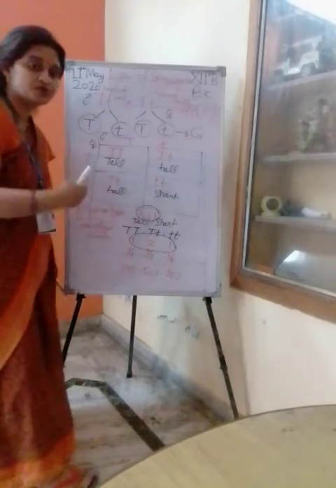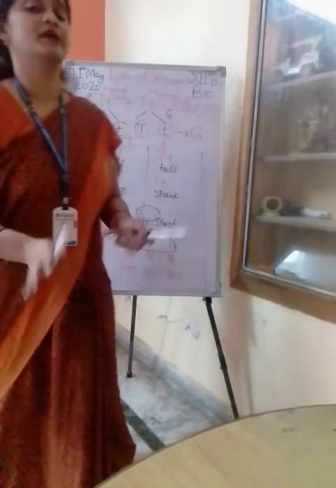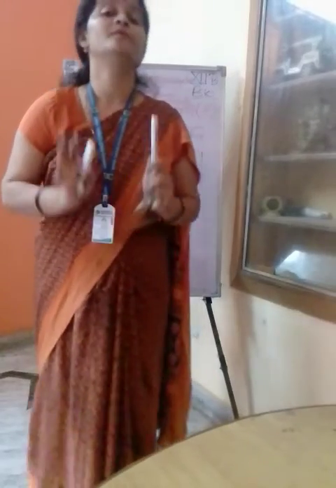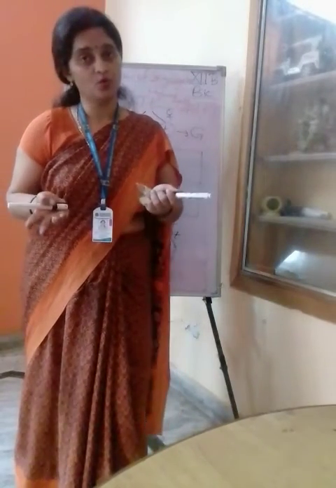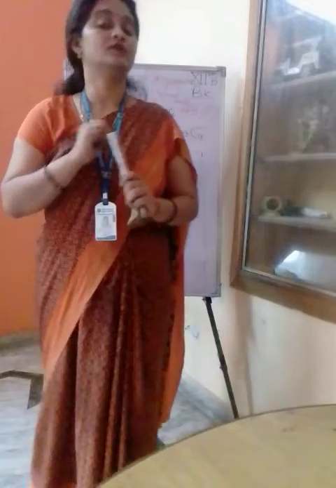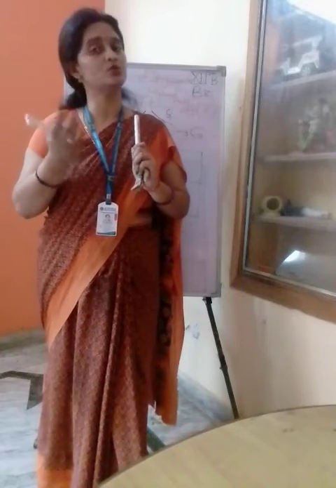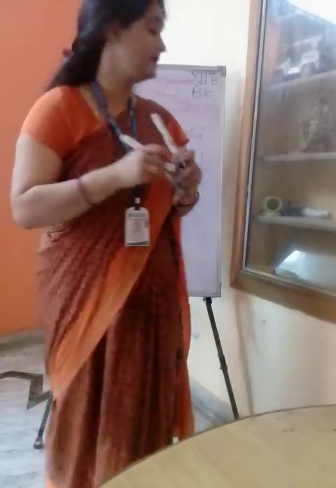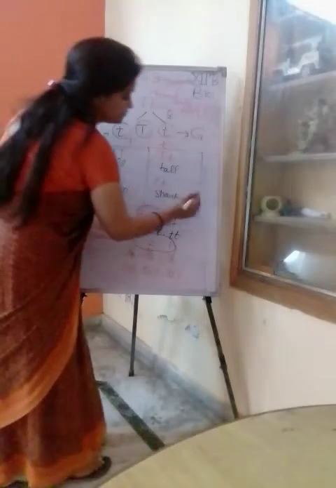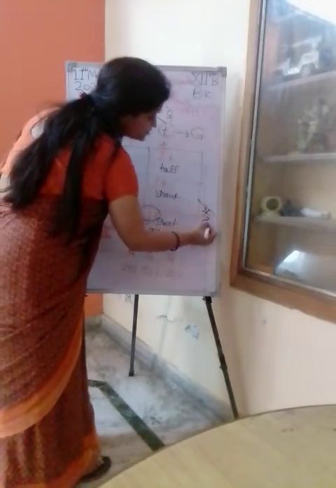The question arises, what is the phenotype ratio of the law of segregation? 3:1. And what is the ratio of genotype of the second law? 1:2:1. Understand that? Now do you know this box is the F2 generation?